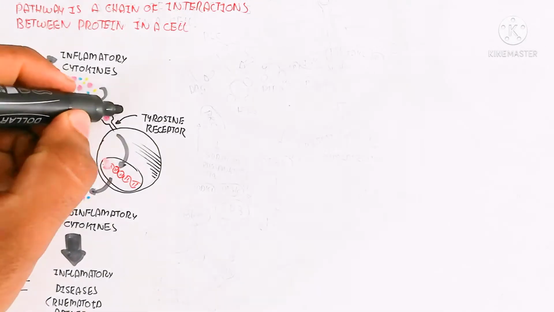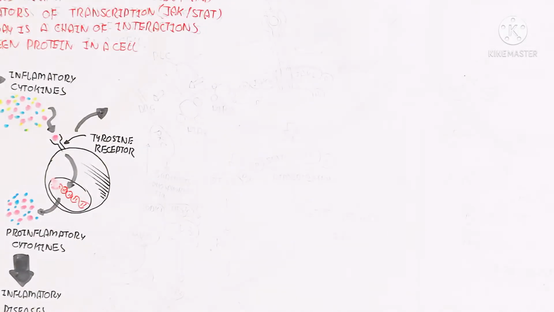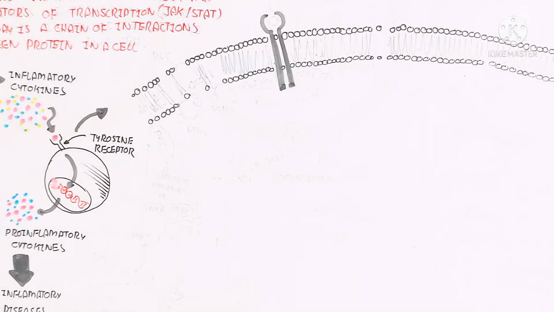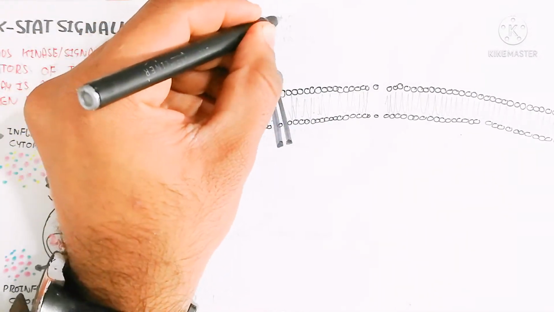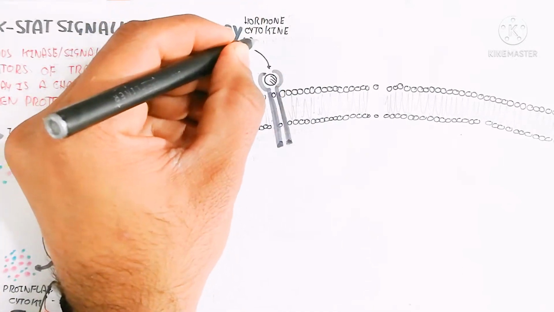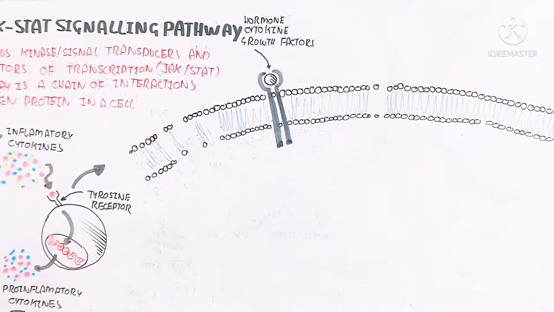So let's begin to understand the whole mechanism with the receptor tyrosine bound with the JAK-STAT. So this is the dimer. This dimer receptor can bind the ligand, which can be a hormone, cytokine or growth factor.